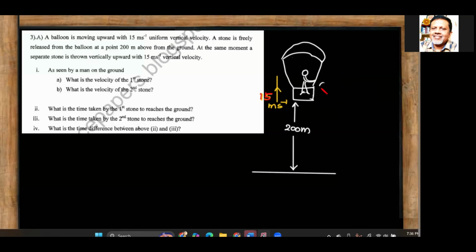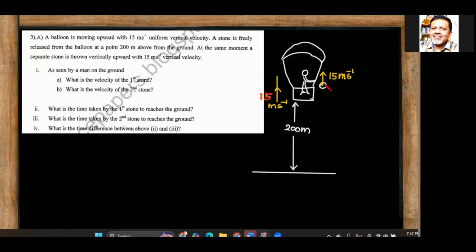So one stone is actually released from rest from the hand of this person. However, remember, this stone also has the 15 meter per second vertical upward velocity because it was in the balloon, the system of balloon and the person. And what will happen to this stone?